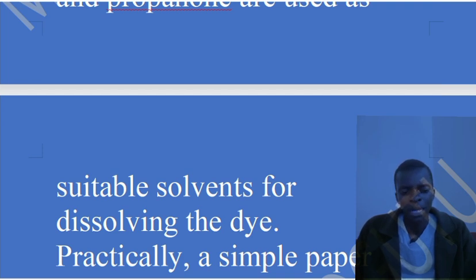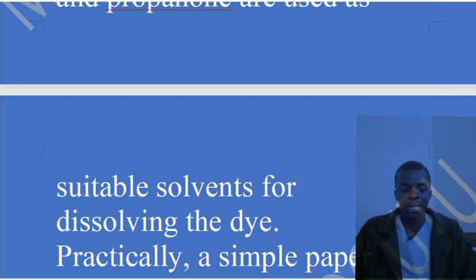So practically, a simple paper chromatography involves placing dye on the absorbent material, adding slowly a suitable soluble solvent on the dye using a dropper. The solvent spreads out on the absorbent material, carrying the soluble dye away from the origin.